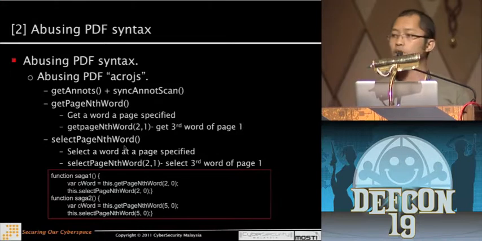So this is pretty much normally implemented with obfuscation on the PDF. For example, this is one of the functions. You can see this one like this get page number, and this select page number or something.